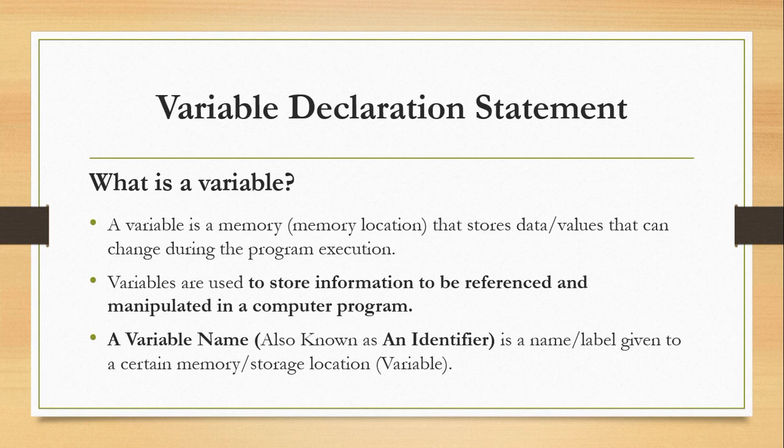The variable name, also known as an identifier, is the name or label given to that certain memory location, which is the variable itself. To declare a variable, you have to give it a name. That name is what you then use to reference the variable whenever you want to get the data stored in it.